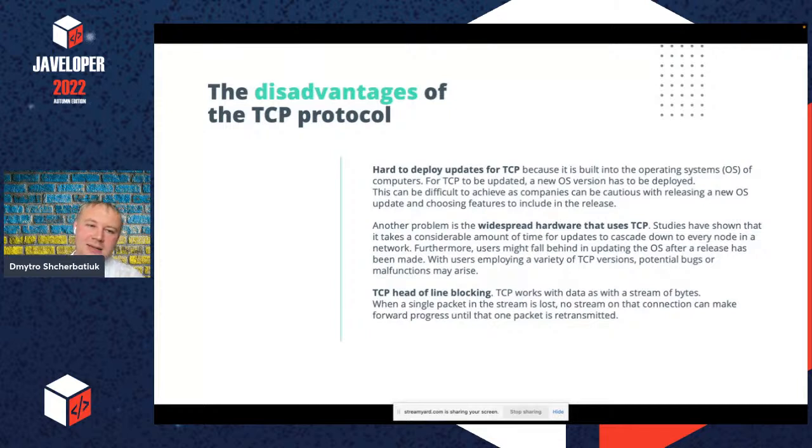There are some disadvantages of the TCP protocol. First of all, it is hard to deploy updates to TCP because it's built into the operating system of our computers. It means that TCP, the transport layer, is implemented in the operating system.